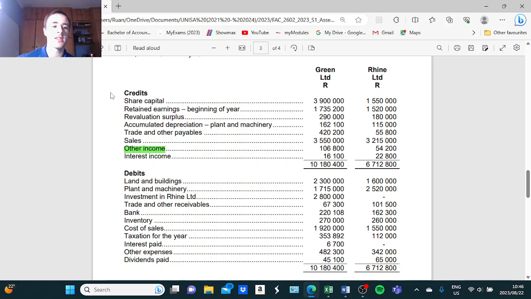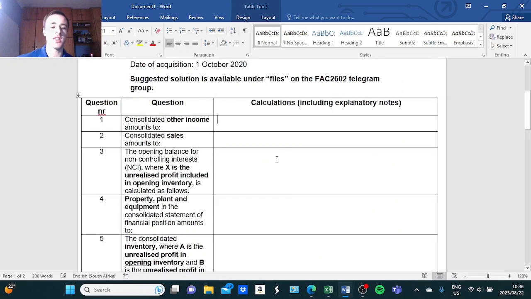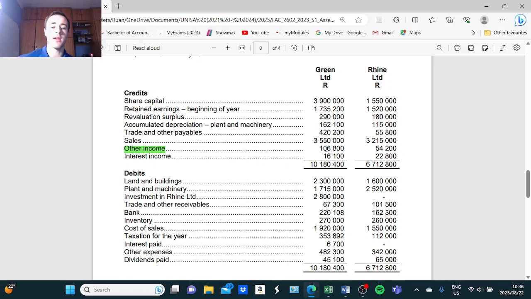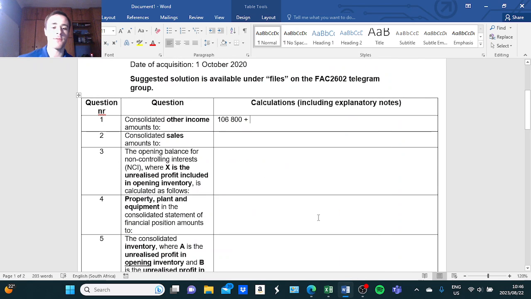So we will start with the amount for the parent, which is 106,800, and then we will add the amount of other income for the subsidiary, which is 54,200.